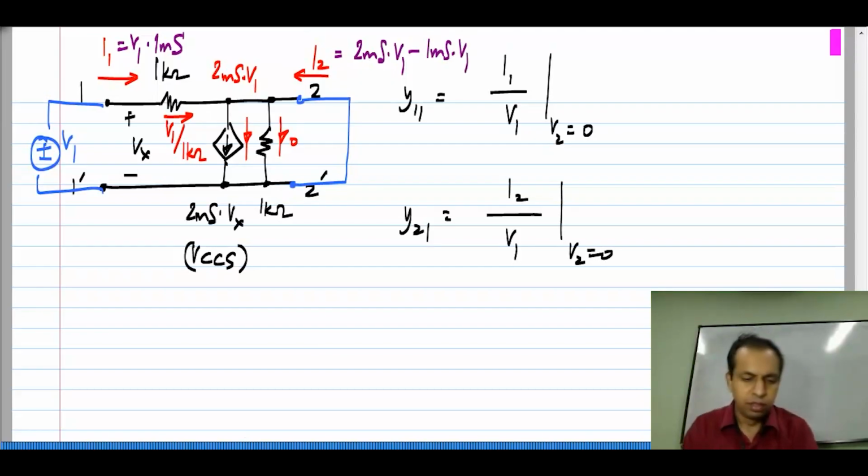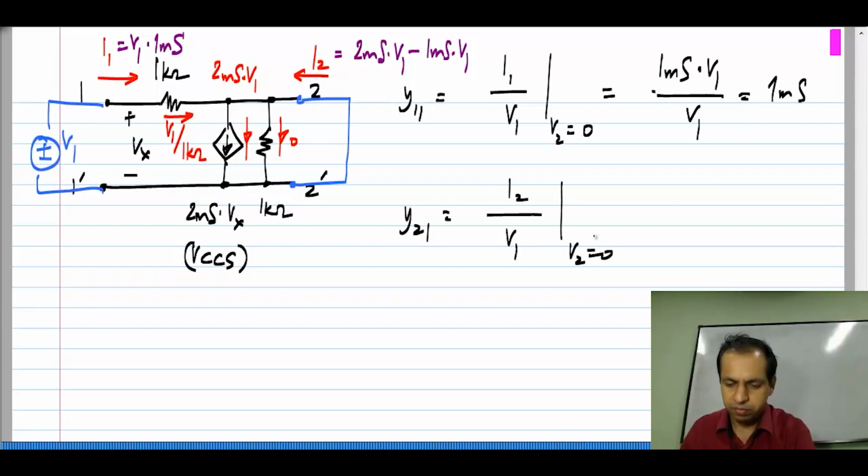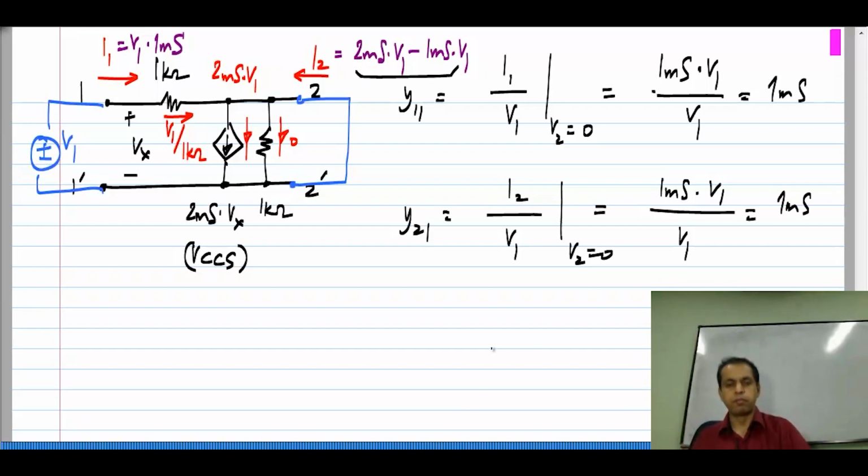Okay. So, substituting these values, we get I1 divided by V1, which is 1 millisiemen, and I2 divided by V1, which is this difference, also 1 millisiemen.